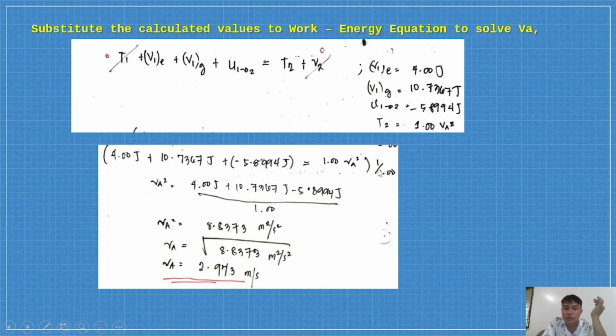Dividing by 1, we have VA square equal to 8.8373 square meters per second square. Taking the square root of that gives our VA, the velocity at point A. So VA is equal to 2.973 meter per second.